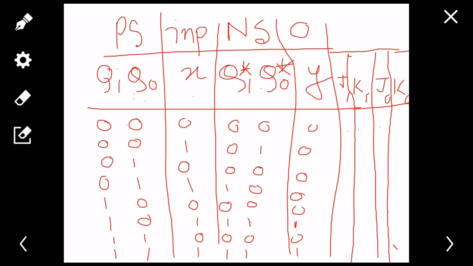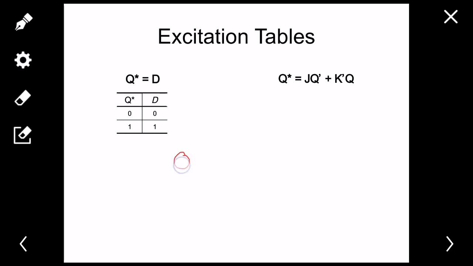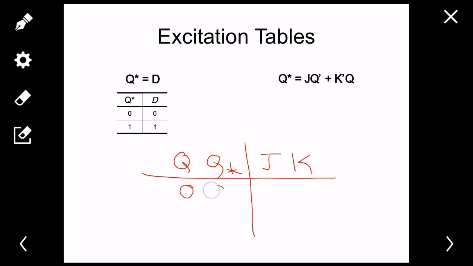The problem is you don't know the inputs J and K. So if I make a table like that, I'll know the present state and the next state, but I don't know J and K. These 2 bits give you 4 combinations: 00, 01, 10, 11.